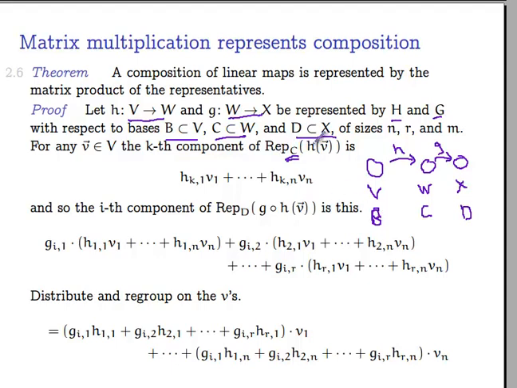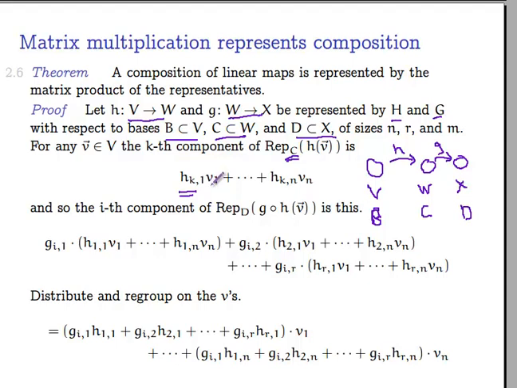So we want the representation of H of v, which lives in here, with respect to basis C, which is the basis of W. And we know already that this is obtained by matrix vector multiplication. So this is the kth row of matrix H multiplied by the column vector of components of v.